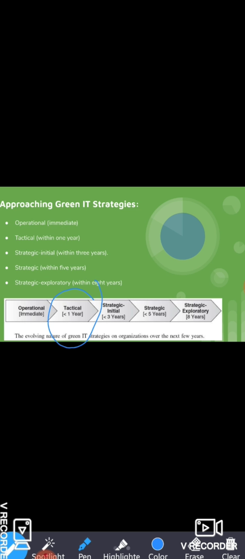So there is the need to implement tactical solutions to meet immediate needs and showcase the benefit of green IT. Fine. So effective green IT strategies come from individual understanding. See, this is very important nowadays.